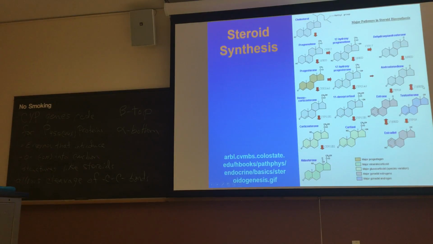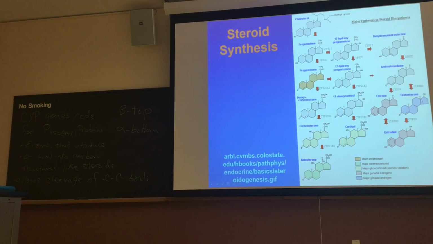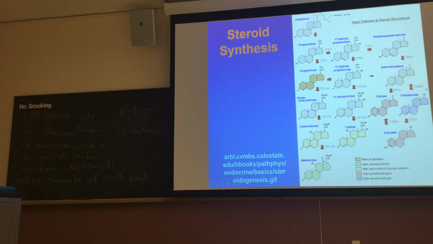I can go from here, testosterone, to androstenedione because there's a 17-beta-hydroxysteroid dehydrogenase that puts hydrogen on this bond or across this double bond, so you can go from androstenedione to testosterone.